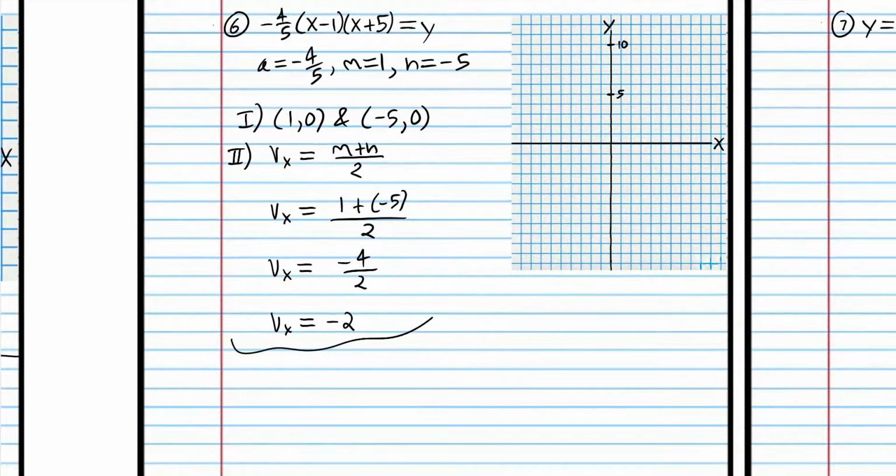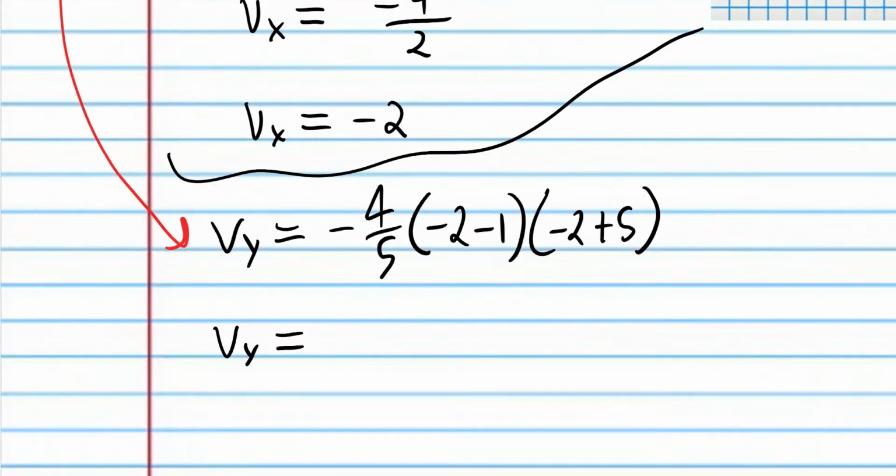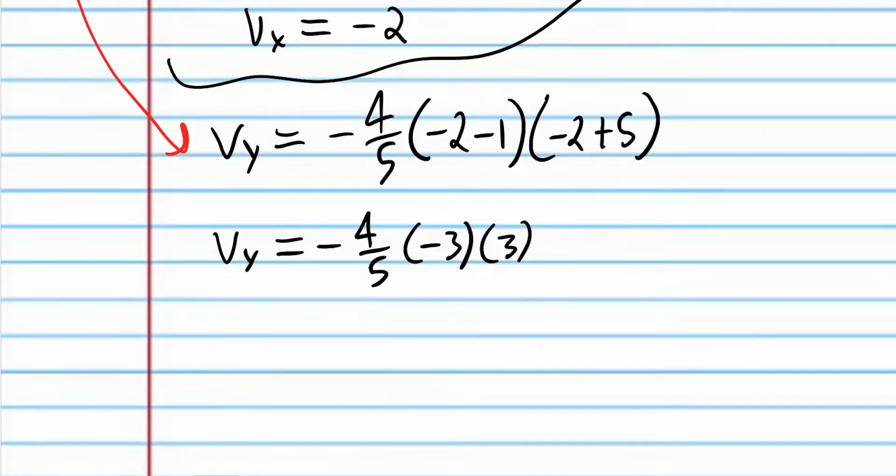So now, as usual, we just plug that back in to find the y value of the vertex. So we have -4/5 times -2 minus 1 times -2 plus 5. And we have -3 times 3.